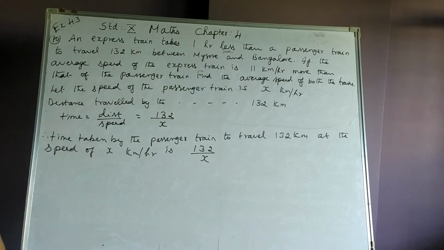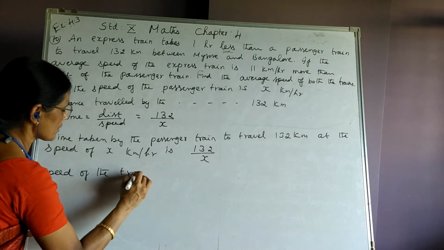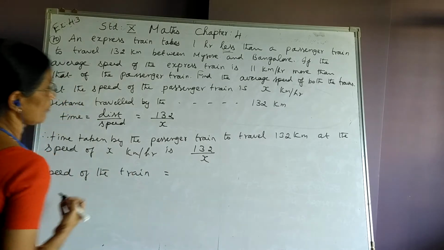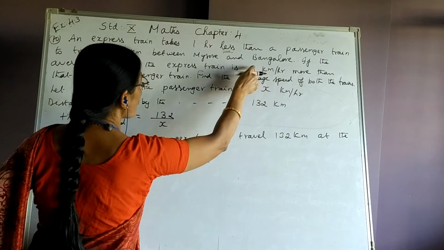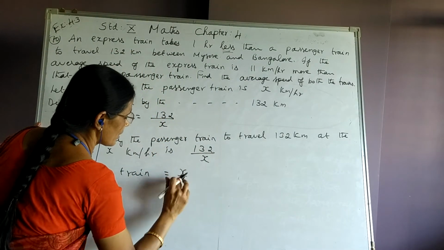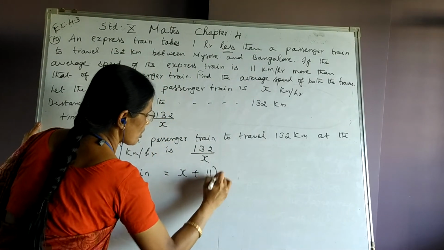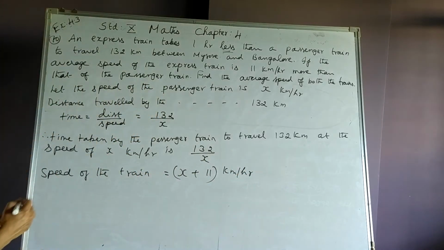This is for the passenger train. Now we come to the express train. What is the speed of the express train? Speed of the express train is 11 kilometer per hour more than the speed of the passenger train. So it is the speed of the passenger train plus what? Plus 11. This is the speed of the express train.